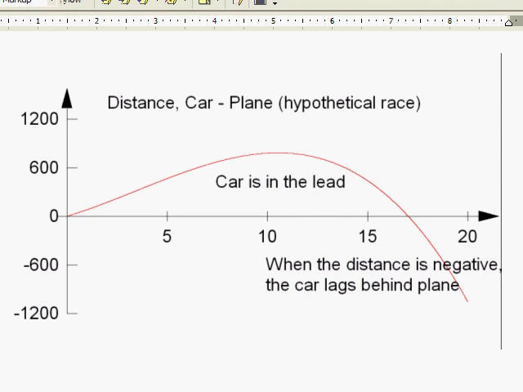Okay, and here's the result of that integral. So again, I integrated the velocity of the car minus the velocity of the plane, no absolute value sign. At first, when I got out to say 10, so if the upper limit was 0 to 10, then the result was positive. This is a result of the integration.